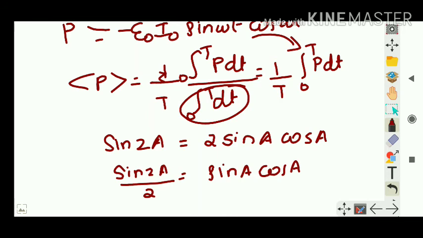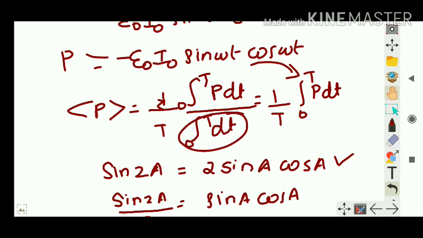Keep this equation in mind. Now we have an equation for power here, and there is sine omega t cos omega t, where in place of a I have omega t. So I am going to substitute sine omega t cos omega t so that it becomes sine 2 omega t whole divided by 2.